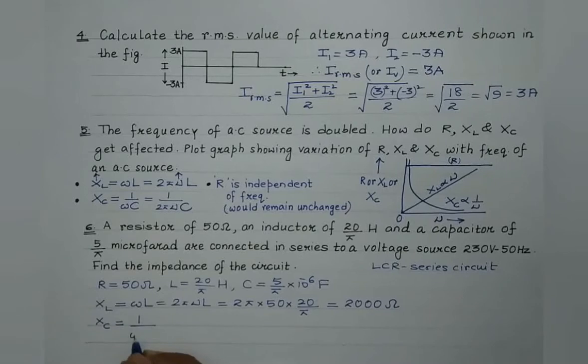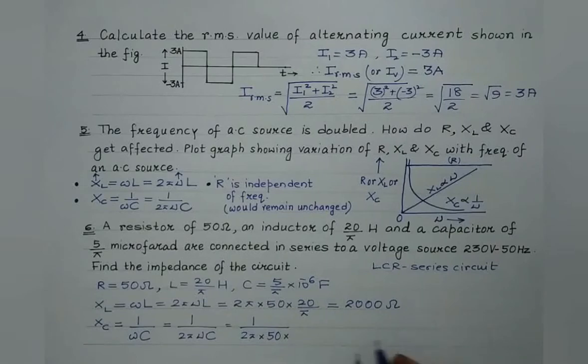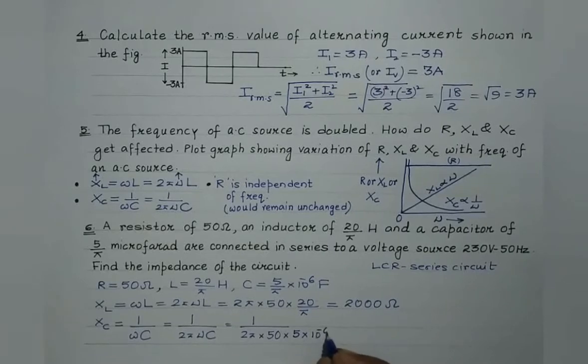Similarly, let's obtain the value of XC, the capacitive reactance. It is 1 by omega C, which will be equal to 1 by 2 pi nu C. So let's substitute the values over here. 2 pi, frequency is 50 hertz, that's the linear frequency. And capacitance, it's going to be 5 by pi into 10 raised to minus 6. So 5 into 10 raised to minus 6 and over here pi.